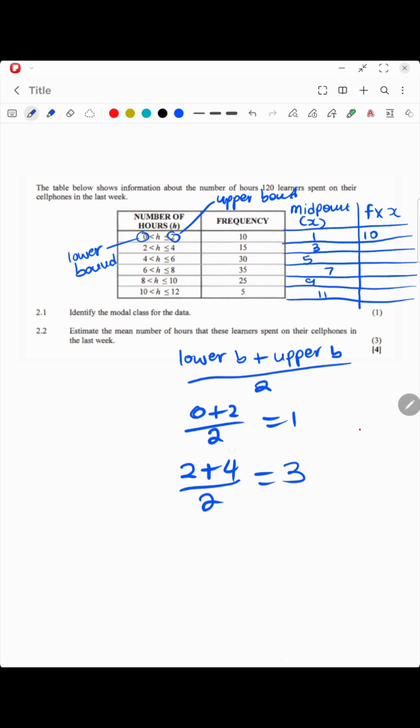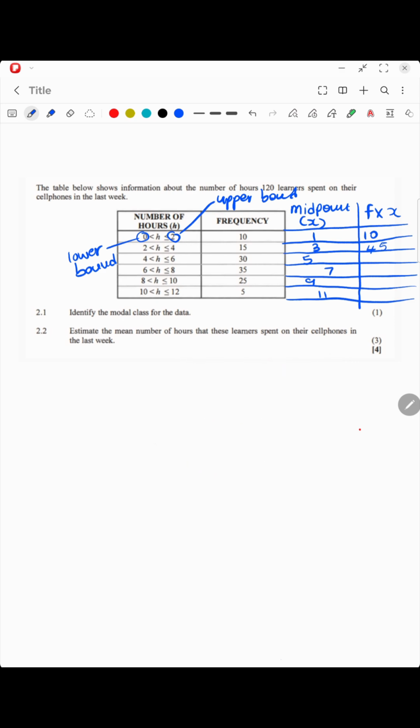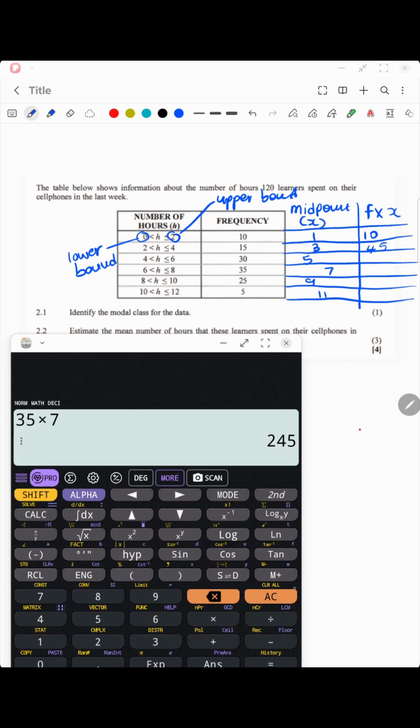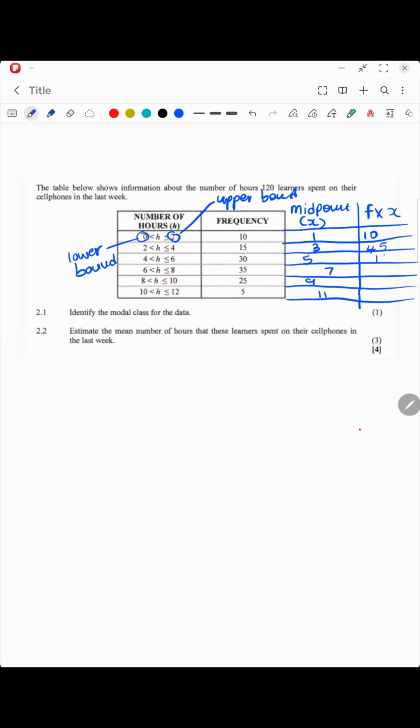So for the second one, we will have 15 multiplied by 3, which is 45. We will have 45 here. Then for the third one, let's press the calculator here. We will have 30 multiplied by 5, which is 150.